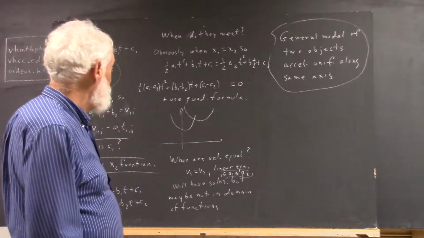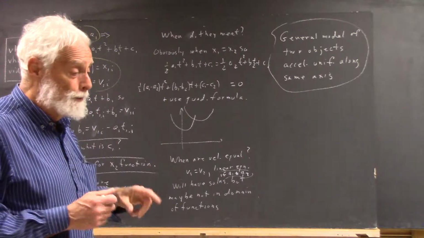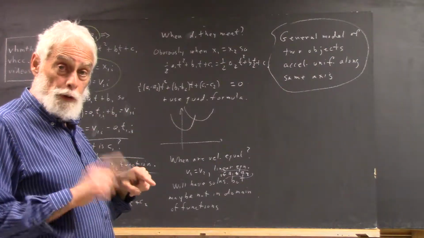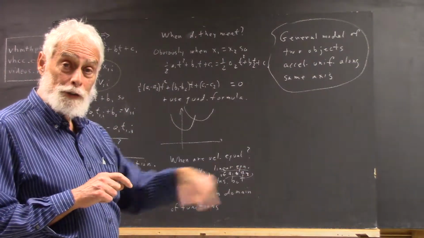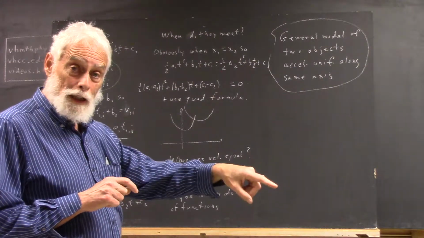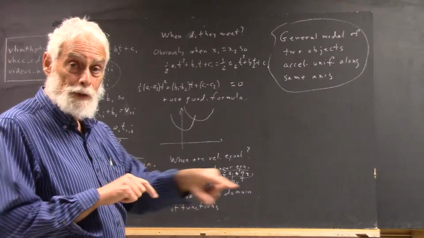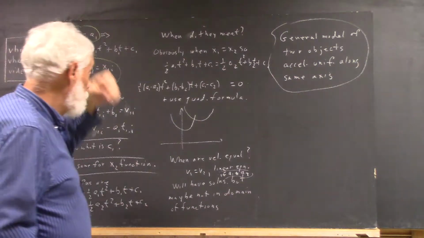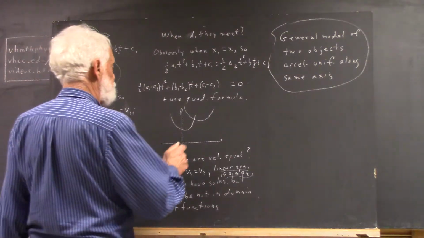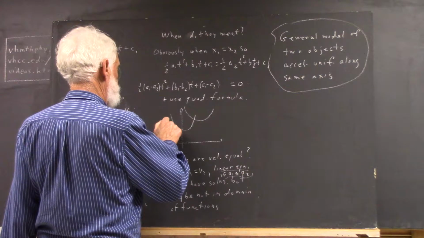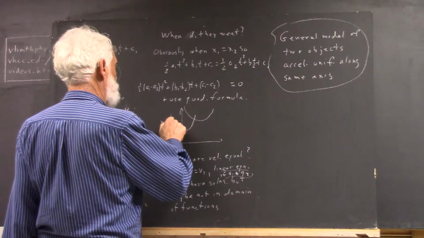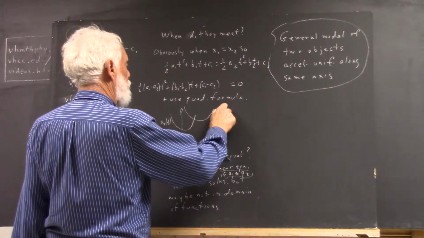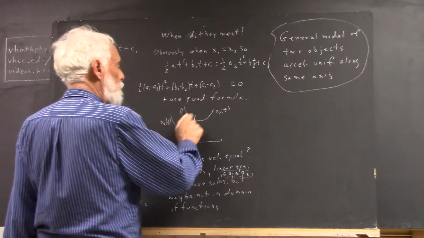The other thing is, maybe they don't meet. It's perfectly possible that this one starts out earlier than this one with a greater acceleration and a greater velocity. So this one never catches up, so they're never at the same point. In general, your graphs of x1 of t and x2 of t will be parabolas.